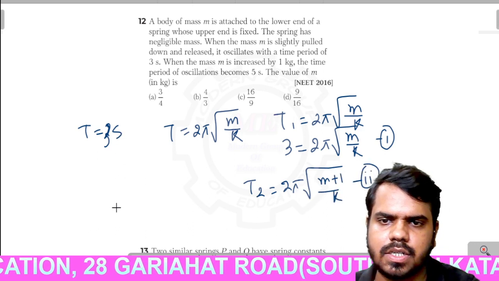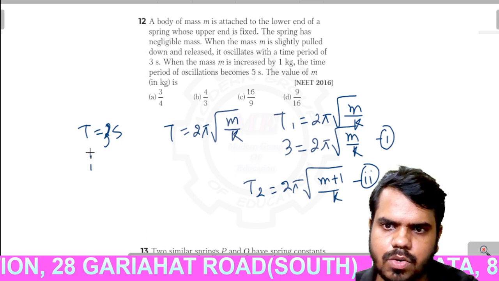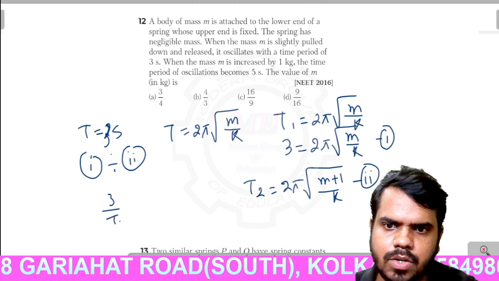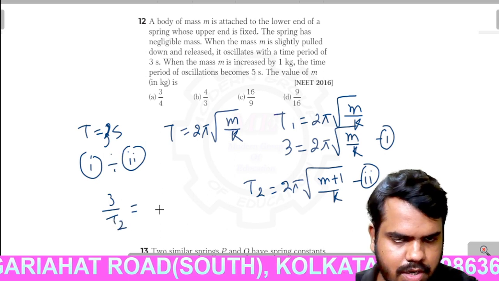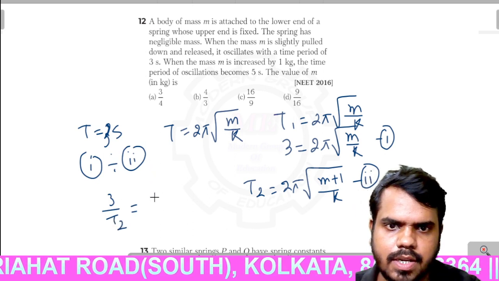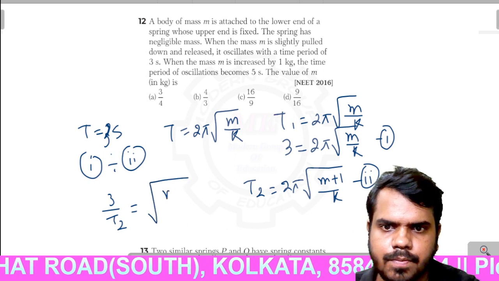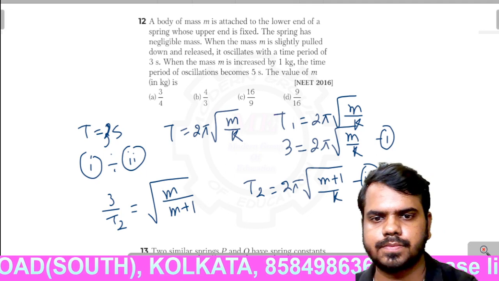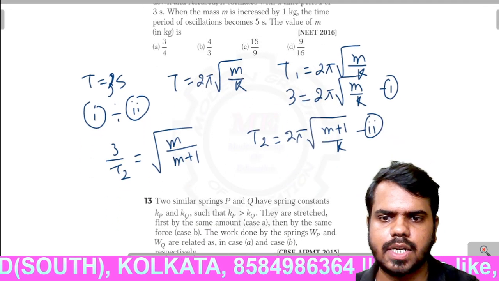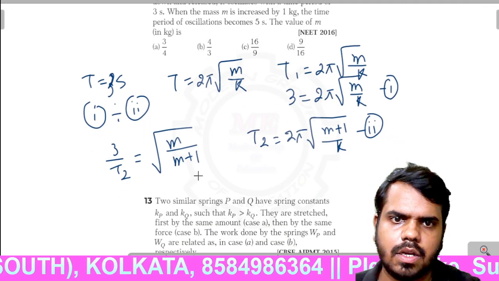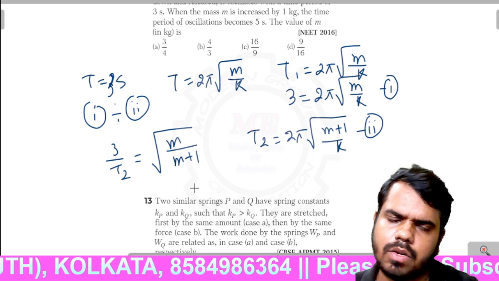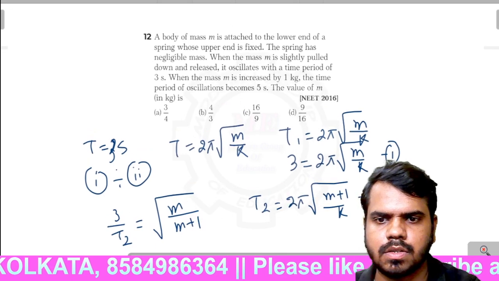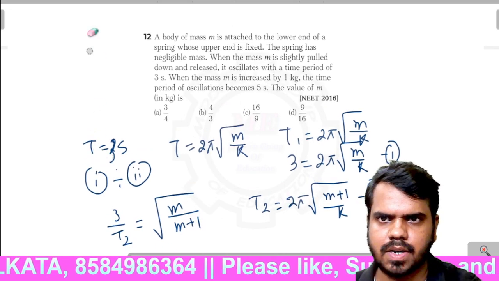Now divide equation 1 by equation 2. We can write 3 by T2; 2 pi cancels out and k cancels out, leaving root over m by root over m plus 1. Now square both sides.